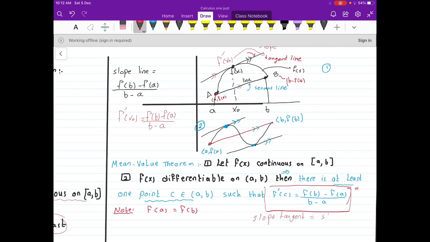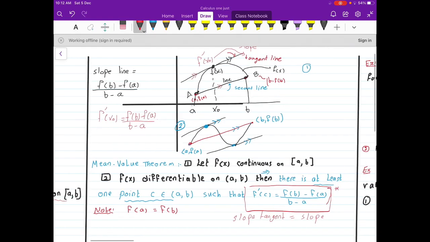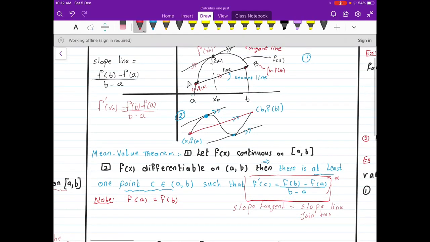So f prime of c, the slope of the tangent line at c, equals the slope of the secant, or the slope of the line that joins two points. What are the two points? They are (a, f(a)) and (b, f(b)). Notice from the first drawing that the theorem says at least.